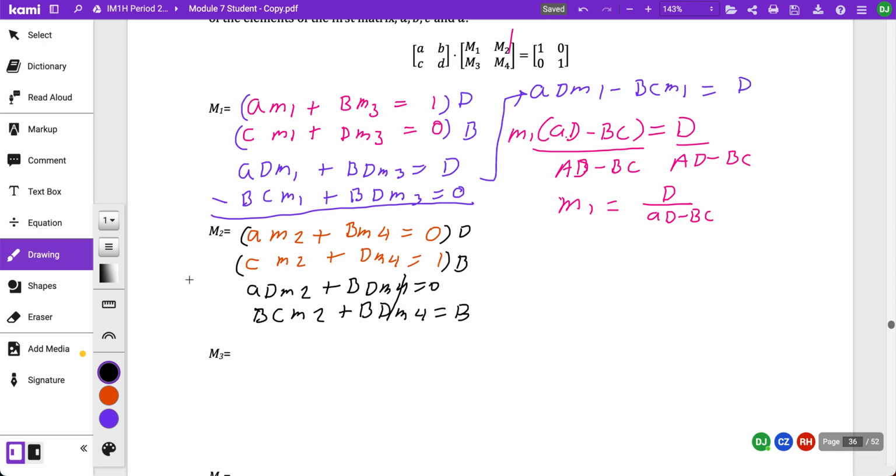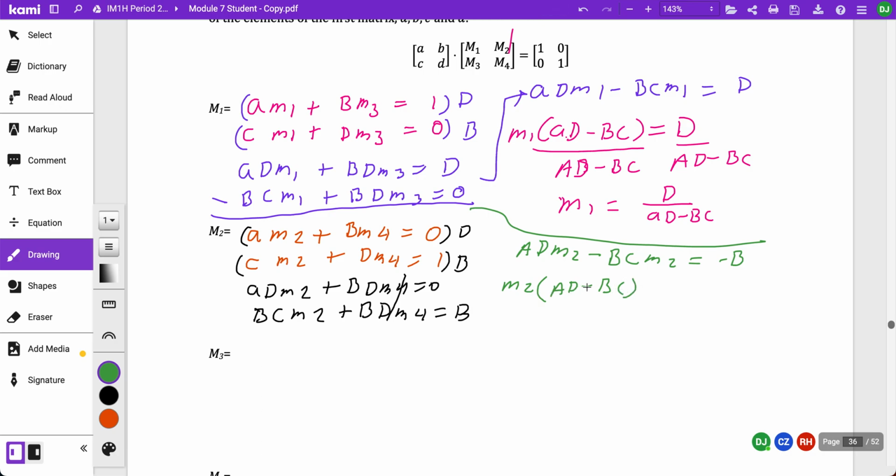and I would be left then with, let's see, we'll do this one in green so we can keep, here, I'll just draw like this. So then I would be left with ADM2 minus BCM2 is equal to 0 minus B, which is negative B. So then when I look at these, you would say M2, I factor that out, so what would be left in the factor is AD minus BC.